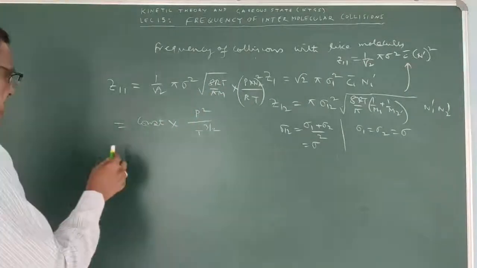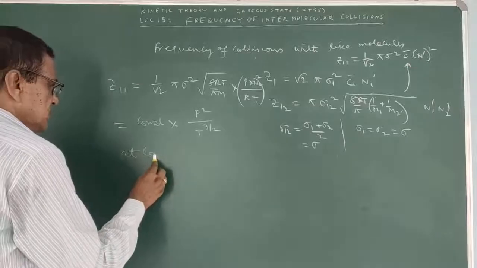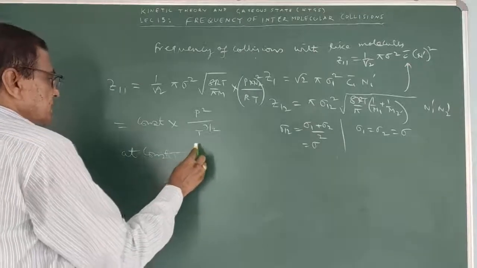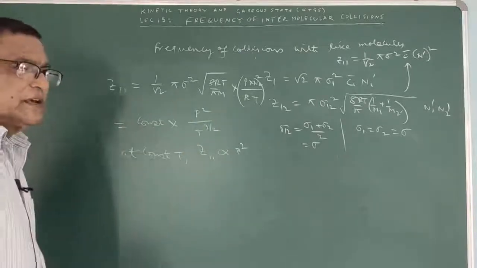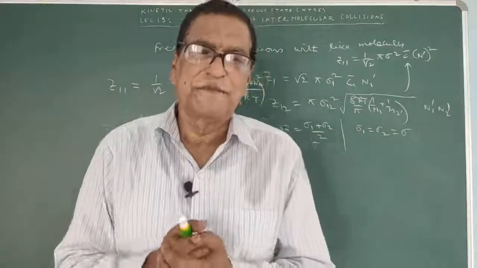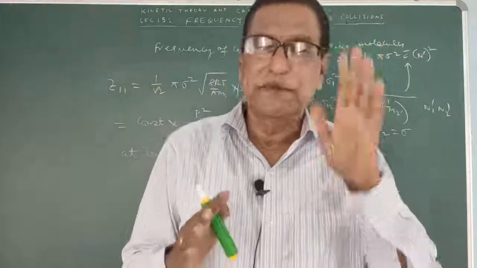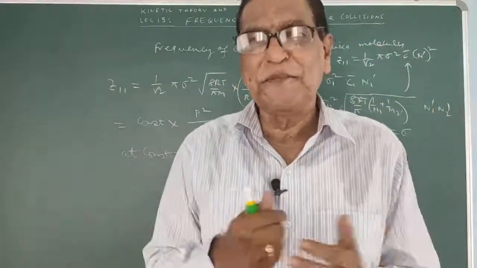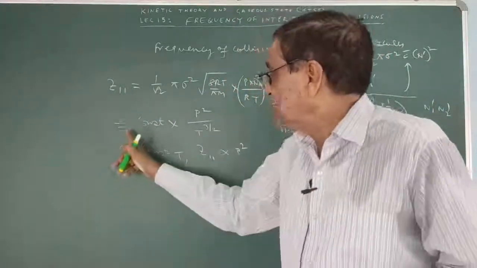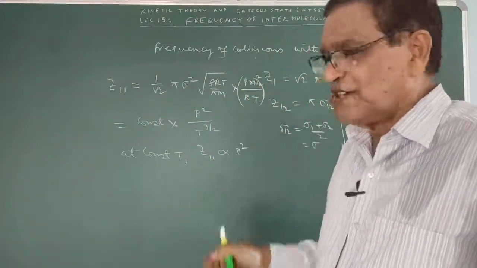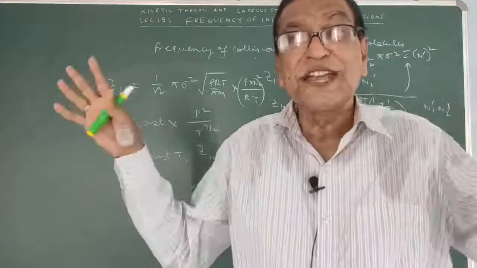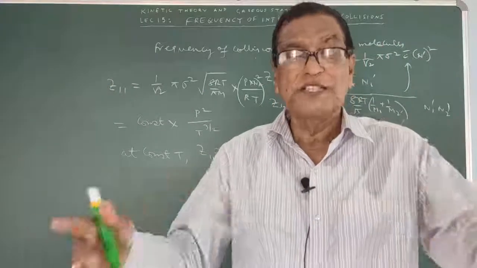So at constant T, Z11 is directly proportional to P square. This means if you double the pressure of this gas at constant temperature, the frequency of collisions becomes 4 times.